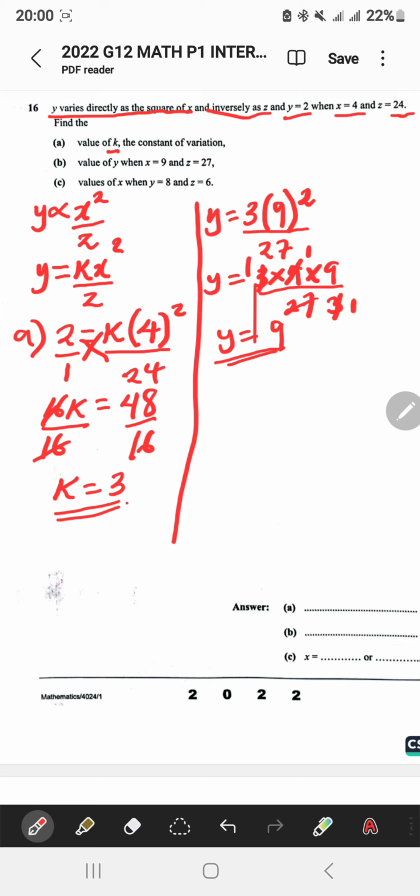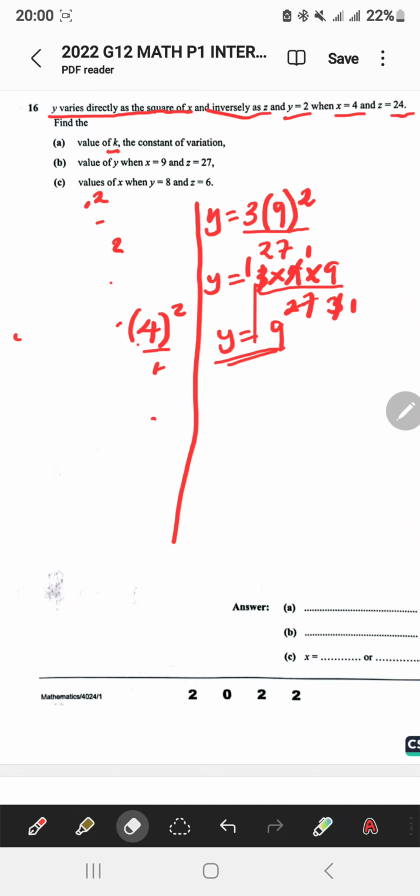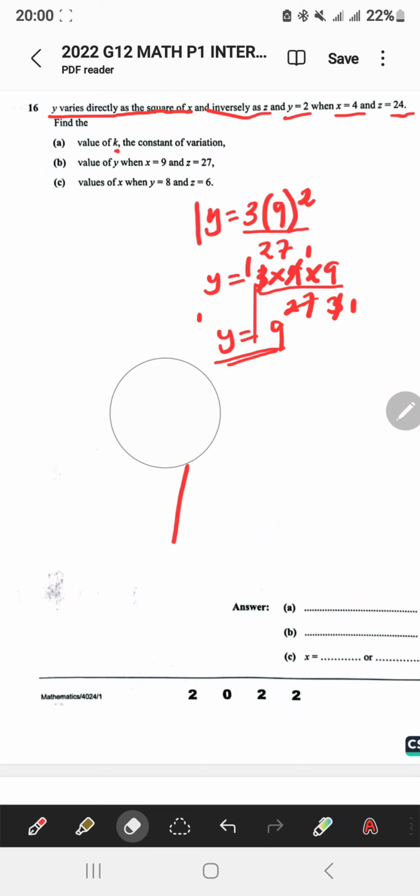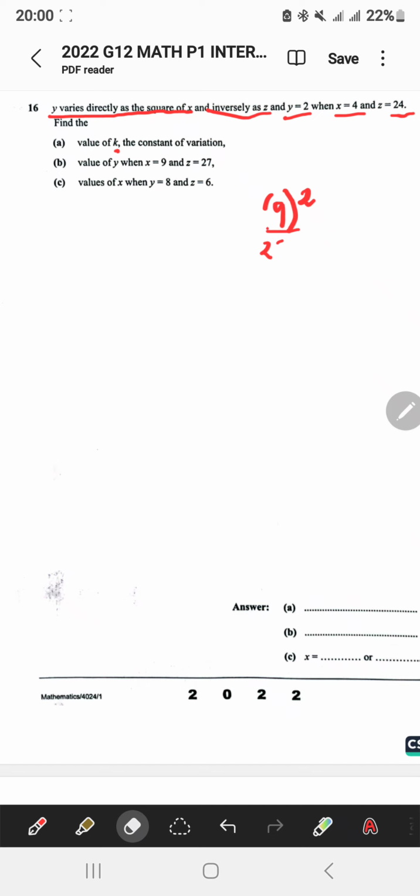The last question says, find the values of x when y is equal to 8 and z is equal to 6. For us to find the values of x, we are going to use the same equation, which is y is equal to k x squared divided by z.